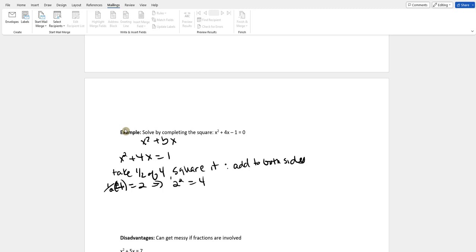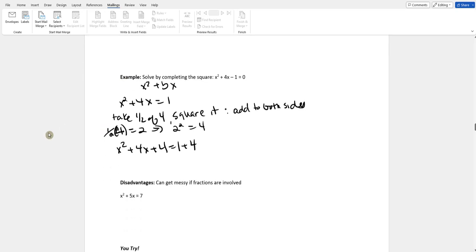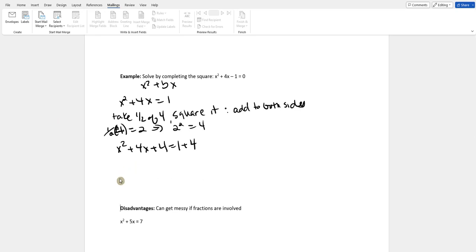So I get x squared plus 4x, and I'm going to add 4 to both sides. So now this is a perfect square trinomial. This factors into x plus 2 squared, and this is 5.